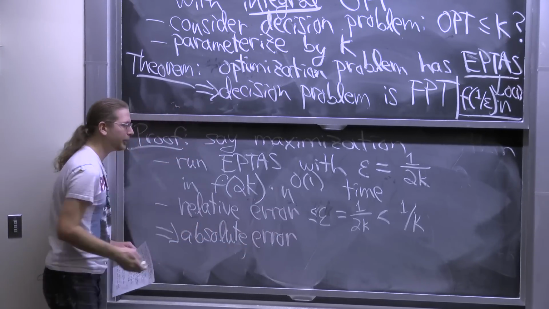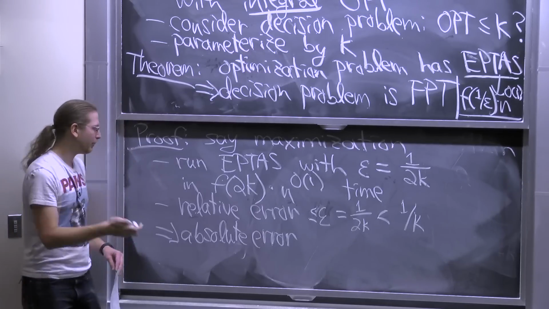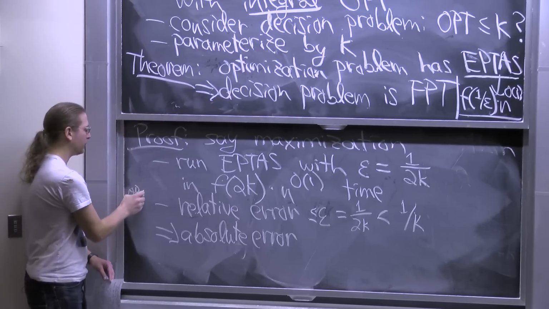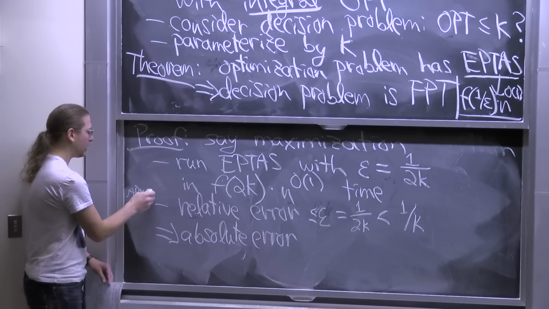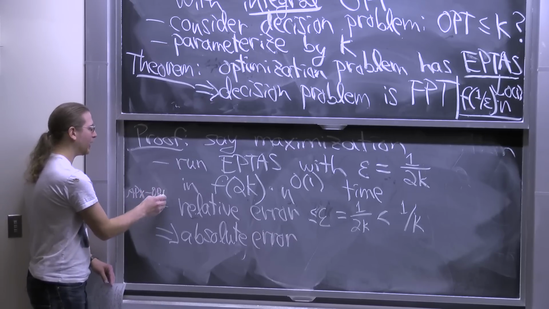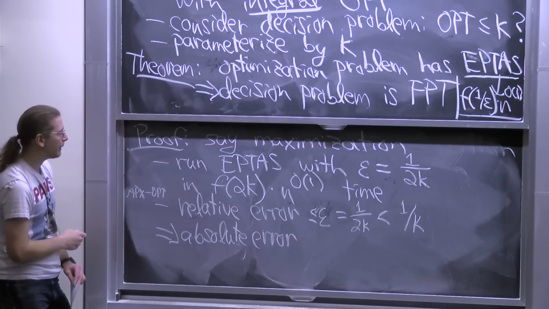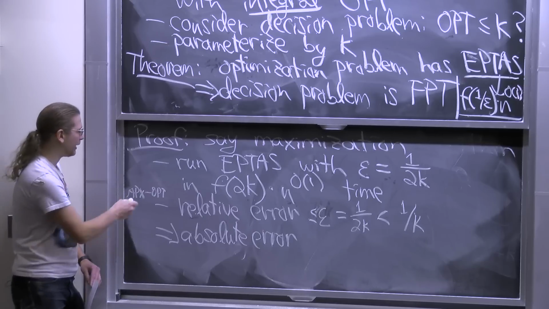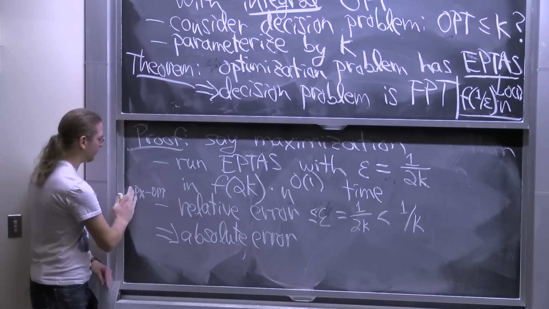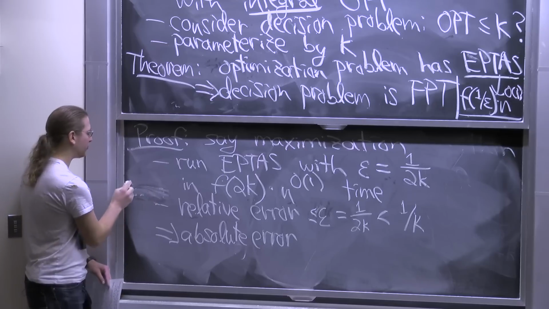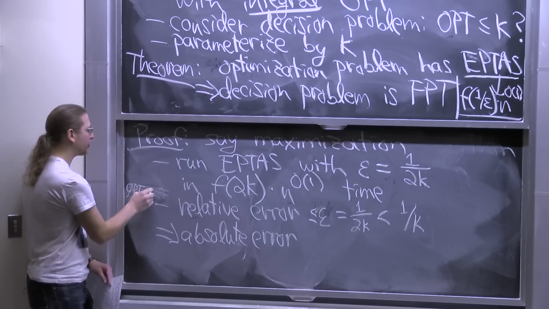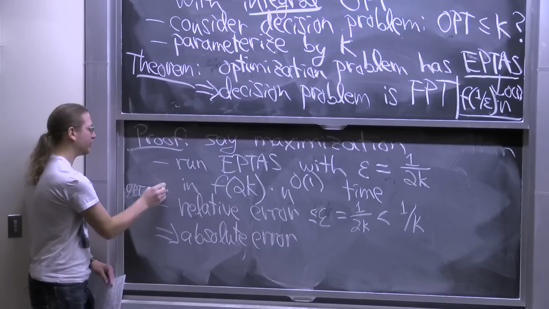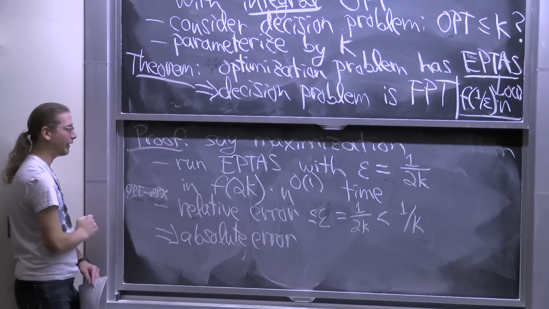in case you're not familiar, relative error is I take my approximate solution, I subtract off, let's say, the optimal solution. Did I get this right? This is a maximization problem. So my solution is presumably, no, it's going to be the other way around. For a maximization problem, the optimal could be bigger than me, so I take that difference. This is called absolute error.